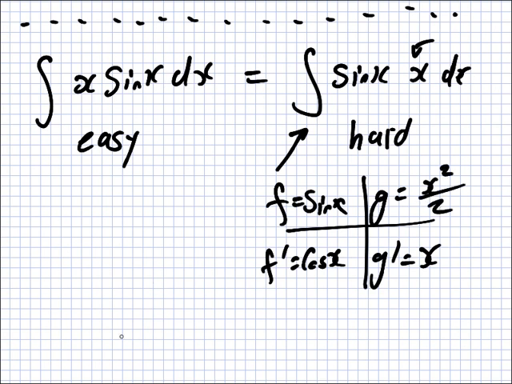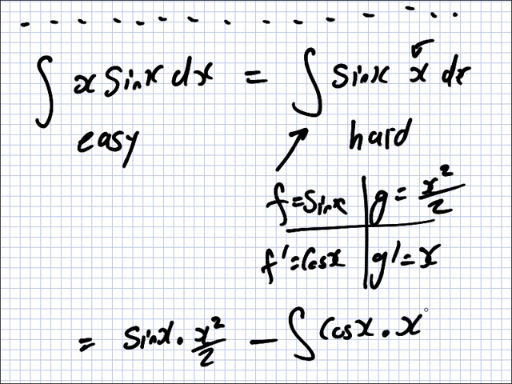So if you were to use the formula here, it would be f g minus integrate f derivative g. Now what's happened? Has the integration become easier? No, it's become harder. So it is important which way around you have them.